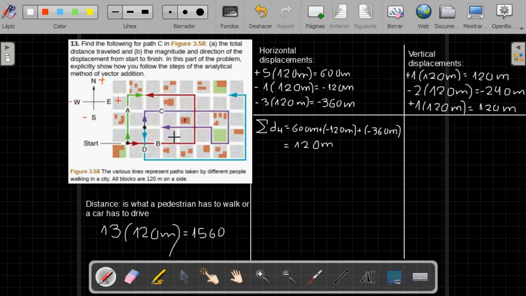What is going to happen with the vertical displacements? Okay, let's calculate them. The addition of all the vertical displacements. We have enough space here.